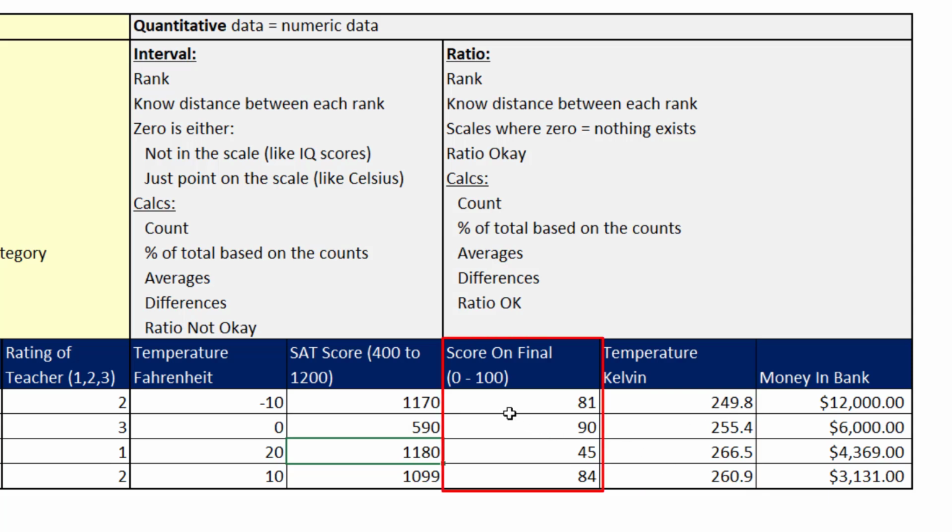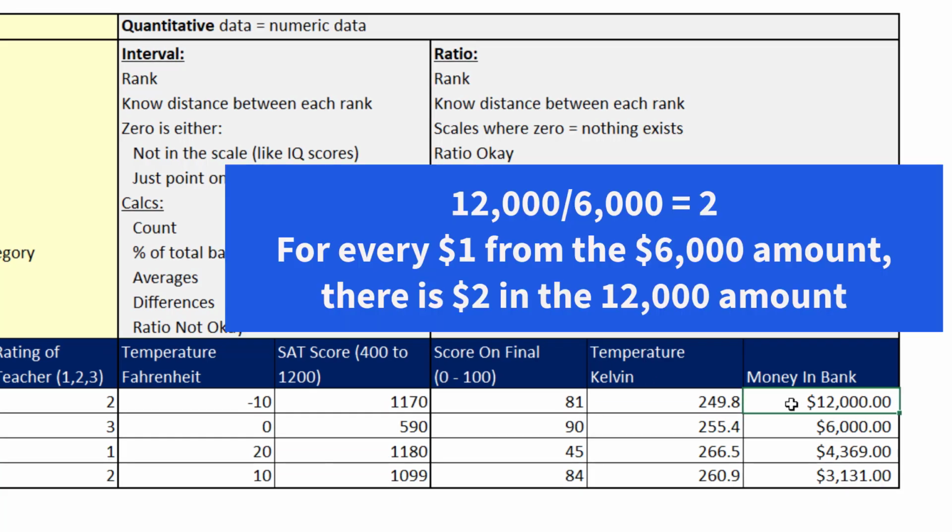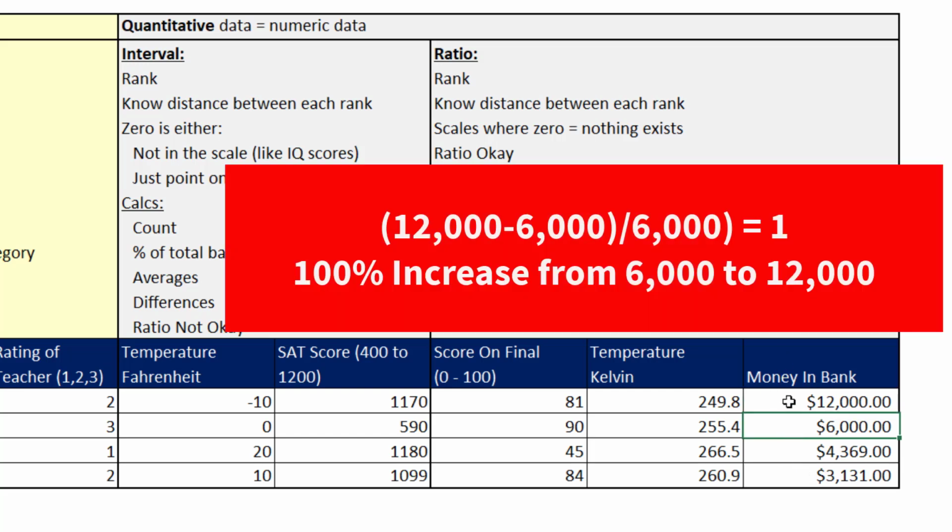And of course, for a score on a final that goes from 0 to 100, 0 means nothing exists. And of course, now we can do all these calculations, including a ratio. Using division, we can definitely say 12,000 is twice as much as 6,000. And going this direction, we can say, hey, moving from 6,000 to 12,000, that's a 100% increase.